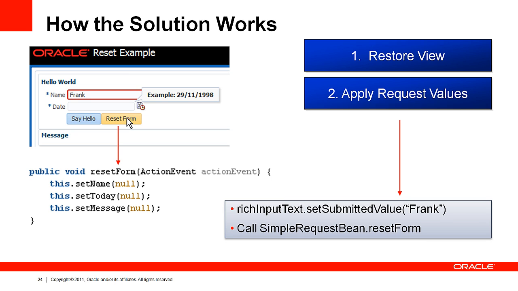So the solution, how we envision it to work right now, is that having immediate equals true on the reset form button, when pressed, will submit the form, but then during apply request values, where the rich input text field is updated with a string, in this case Frank, the action listener is invoked, and the action listener now sets the name property and the today property back to a null value, basically clearing out any provided value, and then setting the message output to null as well.